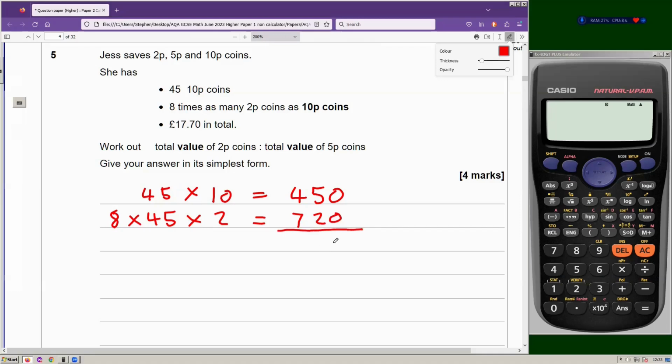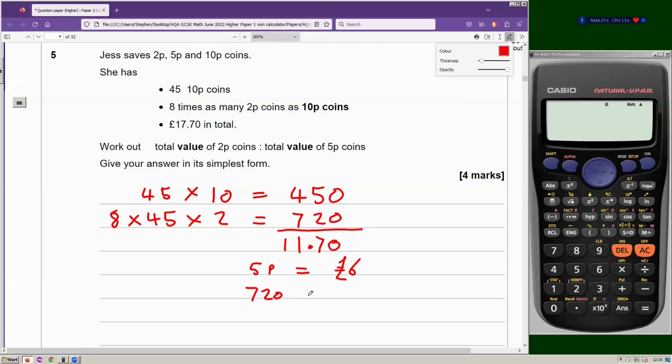We'll add them together. That's £11.70. £6 for the, because that's 1170 off of 1770. And so that's going to be total value of 2p coins. So the total value of 5p coins, it's 720.